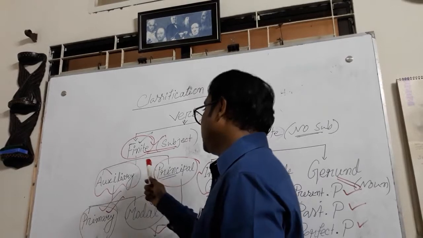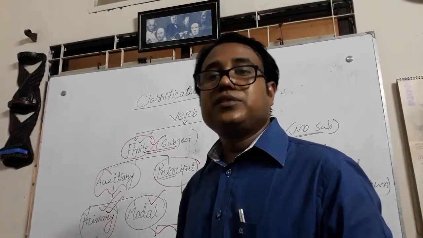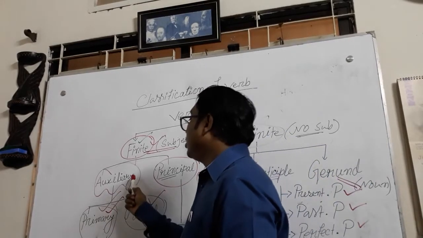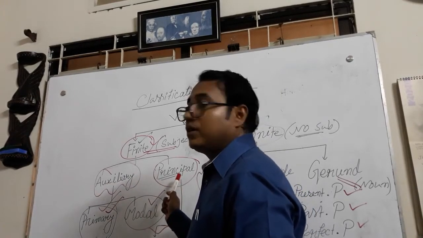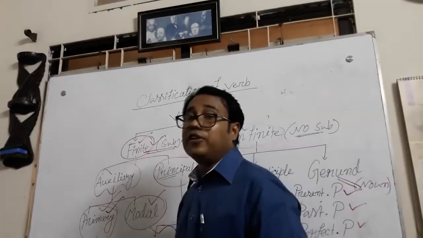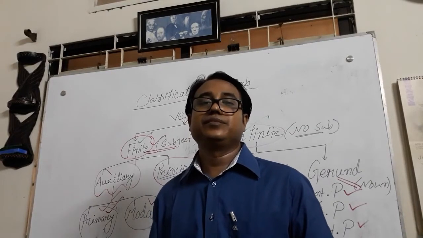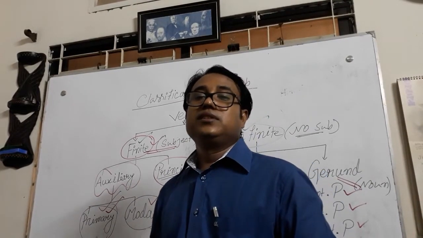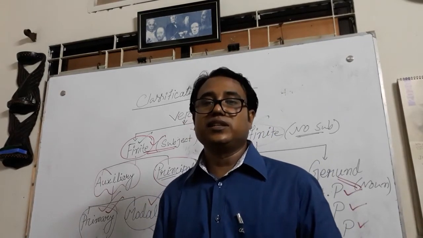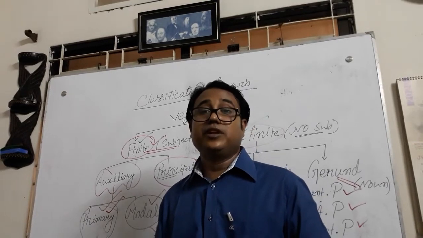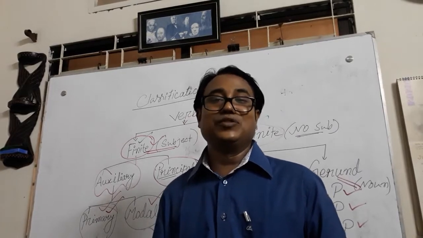Now we will try to understand the classification of finite verb. So have a look. Finite verb is mainly divided into two types. First one is auxiliary and second one is principal. So auxiliary verb, its another name is helping verb, because it helps the main verb or principal verb in the sentence, and principal verb acts like the principal in a sentence.